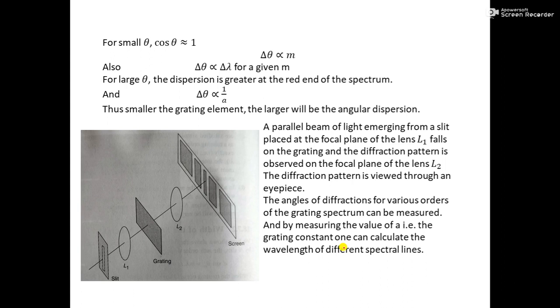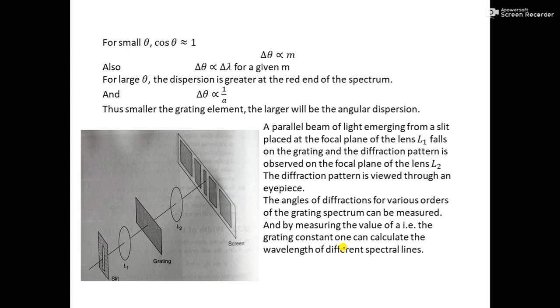So, delta theta is proportional to m. So, if we consider delta lambda as constant, this means that the angular separation between two different frequency lines will increase as the order increases.